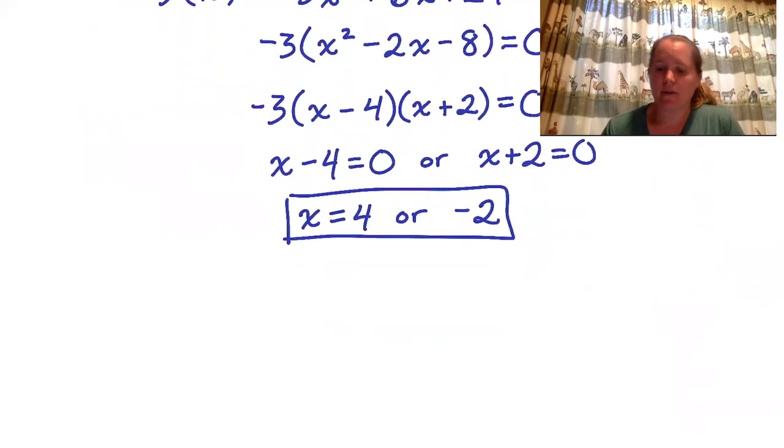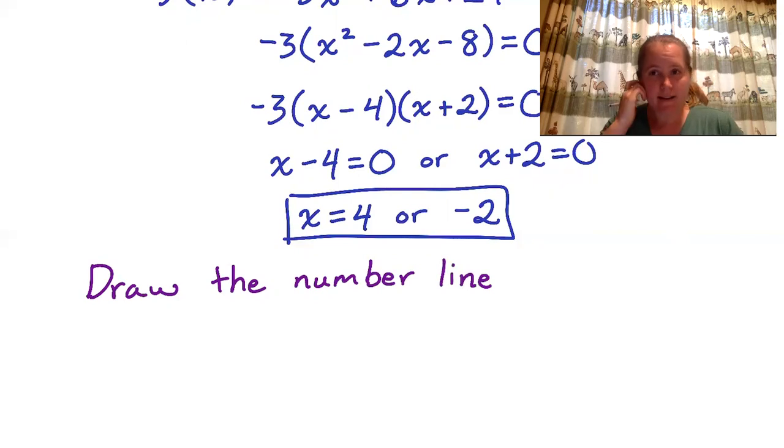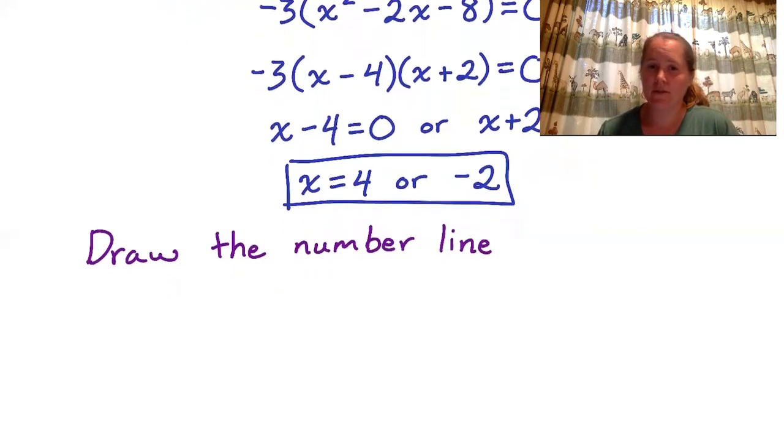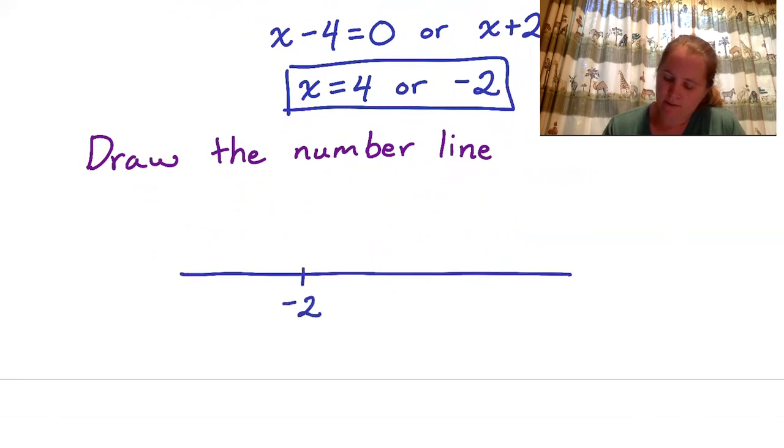From here, we're going to go ahead and draw our number line. Note, I'm doing essentially exactly the same thing that I did when I was finding the increasing and decreasing intervals. So if we draw our number line, the points of interest are at negative 2 and 4 for x.